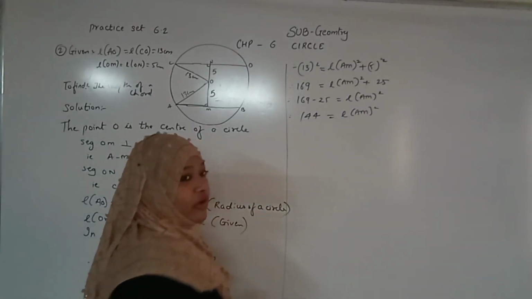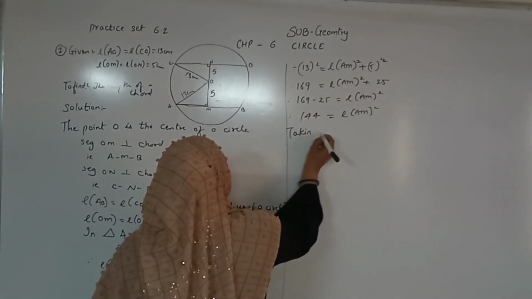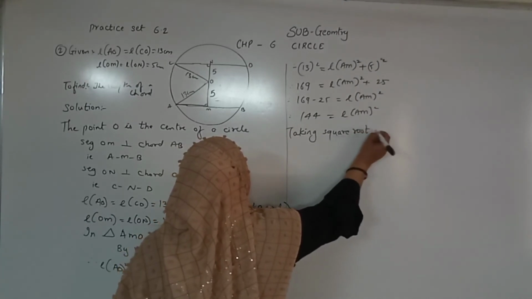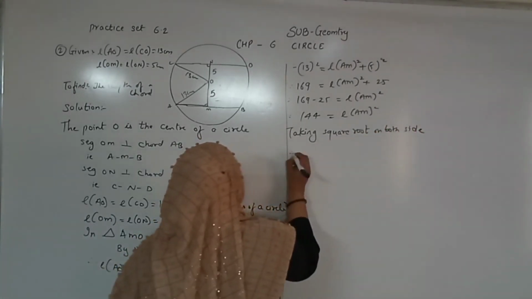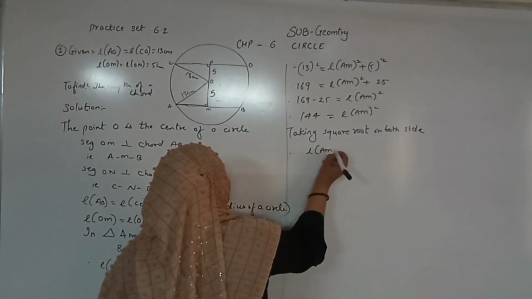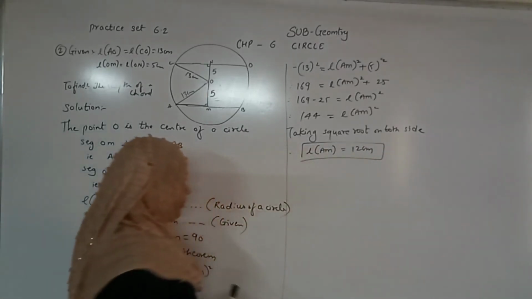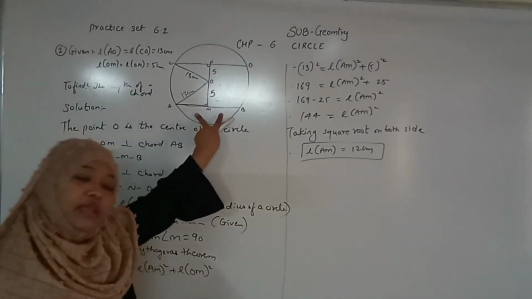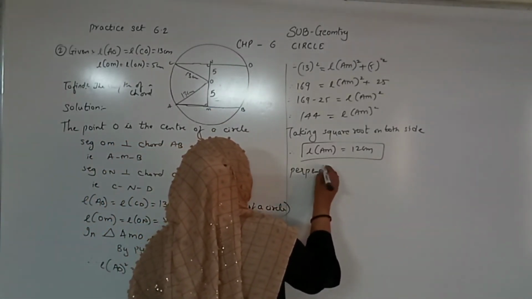Square डालने के लिए we are going to take a square root. So I will write taking square root on both sides. So length of AM is equal to 12 centimeter. If I got AM as 12, I can find AB easily, right? So here we are going to use the theorem again. Which theorem?